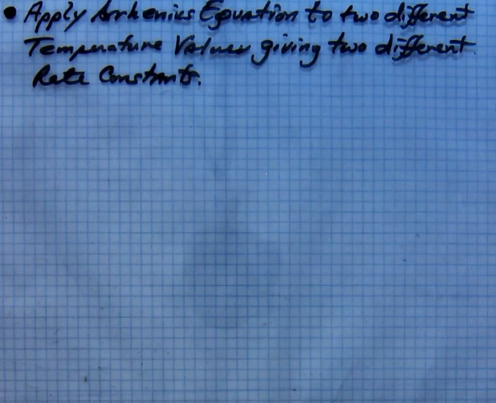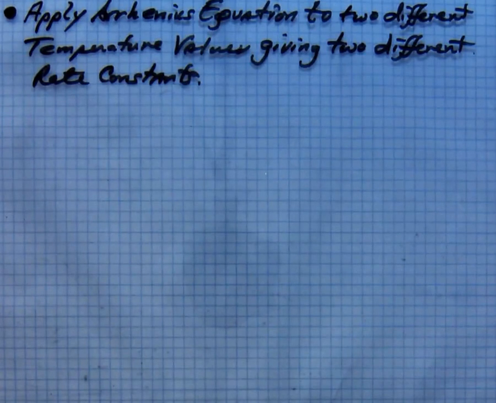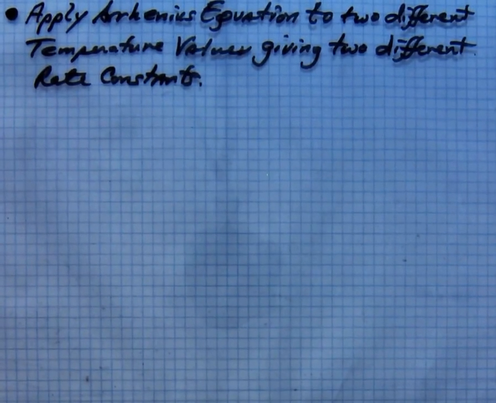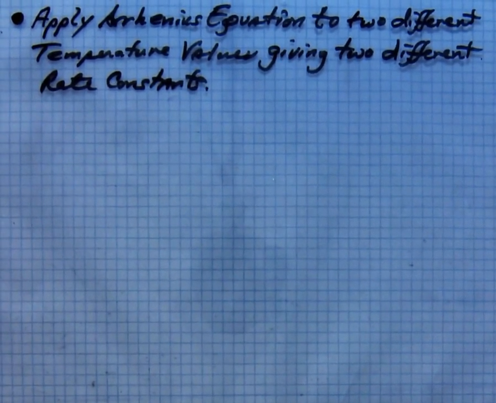Now we need to apply the Arrhenius equation to two different temperature values, which would give two different rate constants. We'll simply say that temperature 1 has a rate constant K1, and temperature 2 would have a rate constant K2.